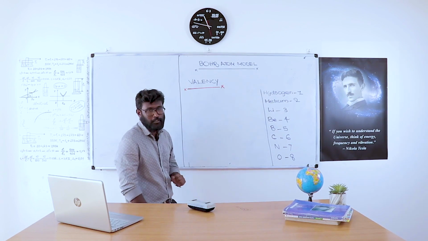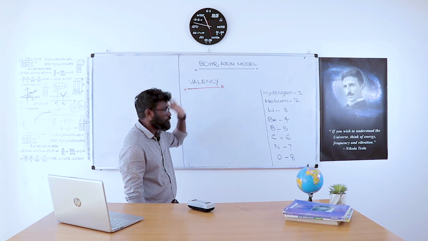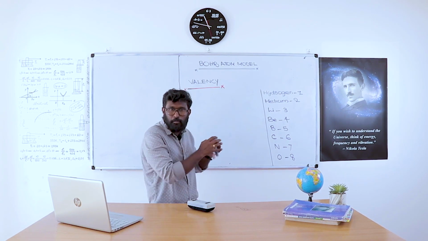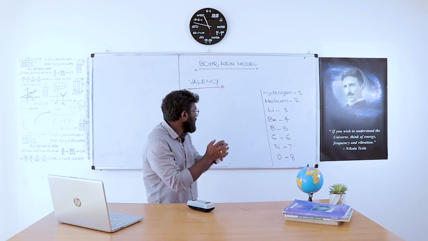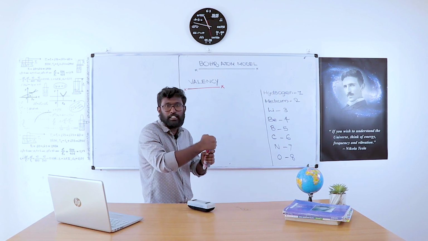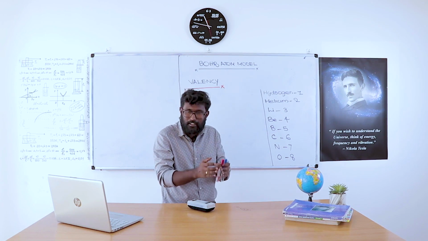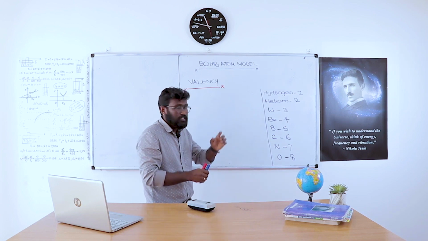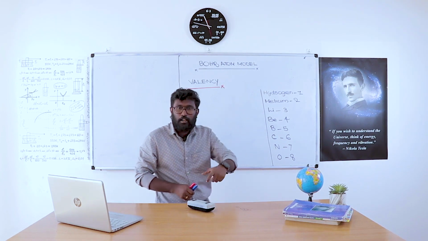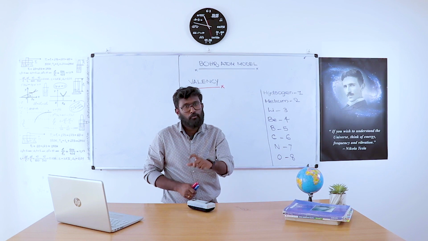Moving to the next topic, an important topic regarding atomic structure called valence. In the previous topic, we concluded that there is a rule to fill the electrons in the orbits. But I also said that a maximum of 8 electrons can be accommodated in the outermost shell. What is the need of that?